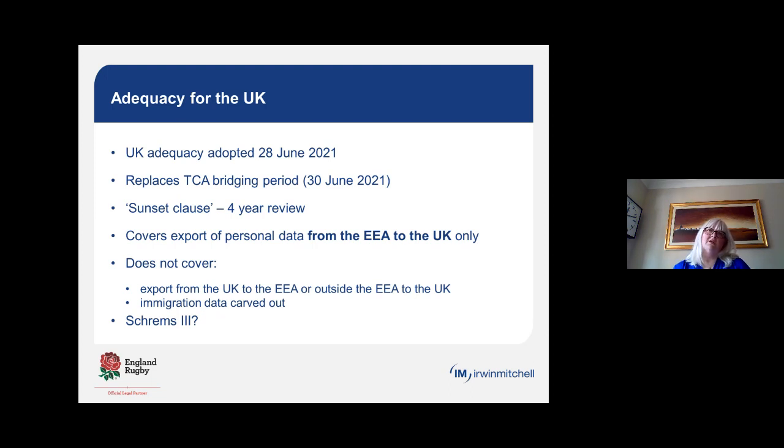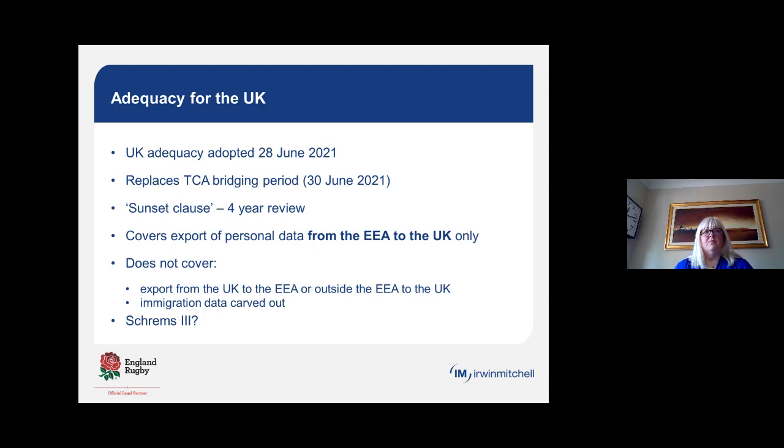So in terms of what's in the adequacy decision, well, the first point to note is that essentially it's subject to a sunset clause. None of the other adequacy decisions have got this sunset clause, but the UK adequacy decision will end unless it's renewed at the end of 4 years. And I think that is driven by a concern that whilst UK GDPR and EU GDPR align at the moment, that might not be the case going forward.